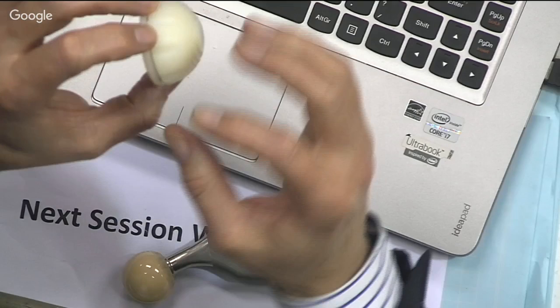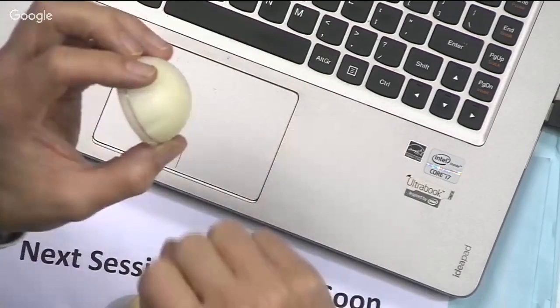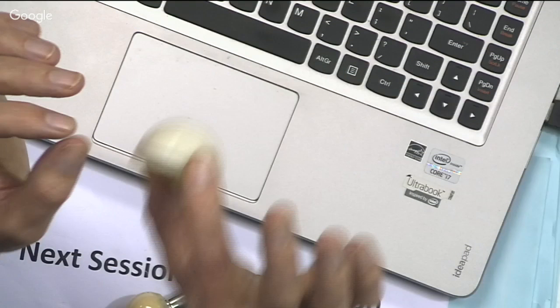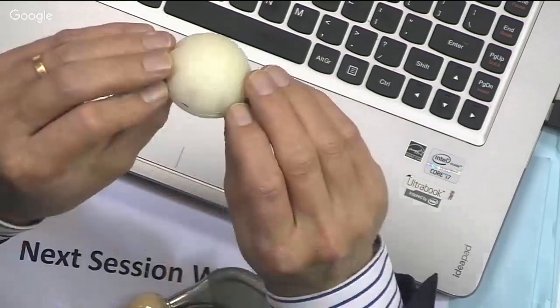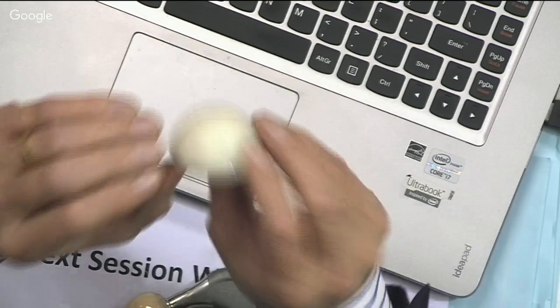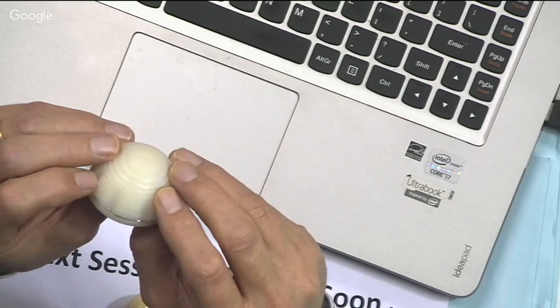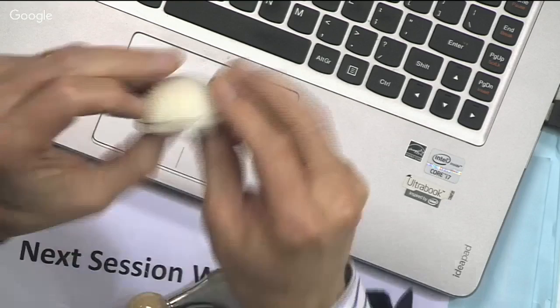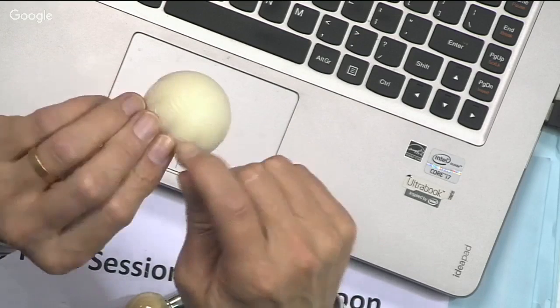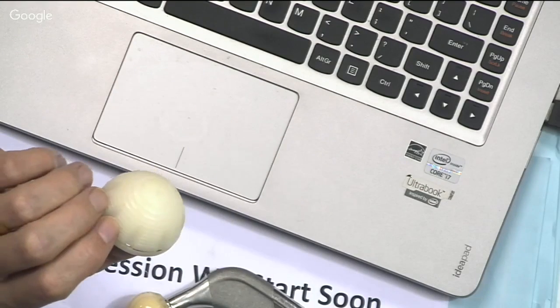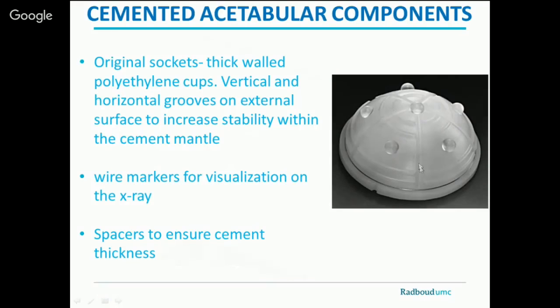So you have to imagine that the surgeon makes the cavity in the acetabulum and then puts in cement, which is a kind of a paste, and then he puts in the implant. Okay, and the bone cement polyethylene adherence strength is not so high. If you make it smooth, you can take it all out almost immediately. So that's why there are all kinds of ridges in it to grab hold of the cement.